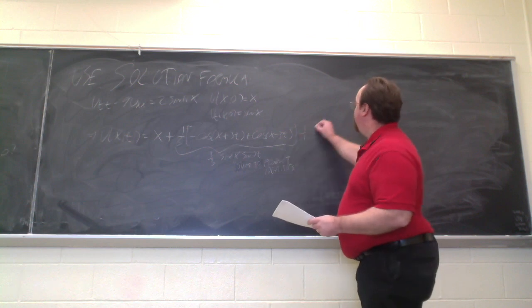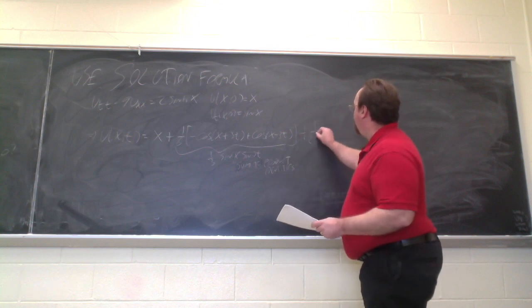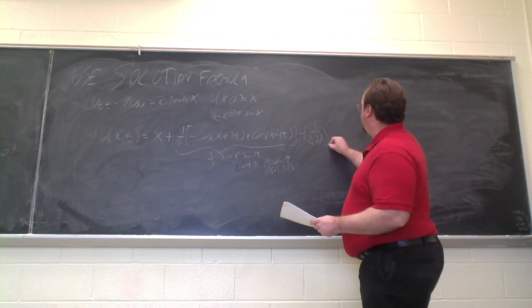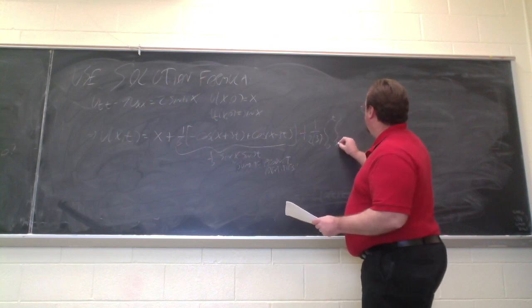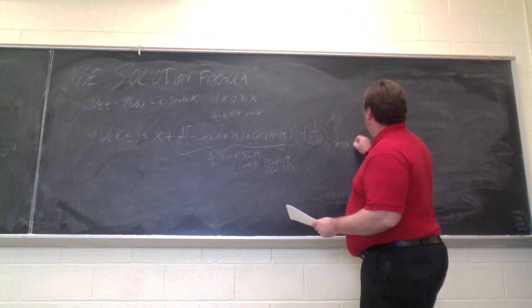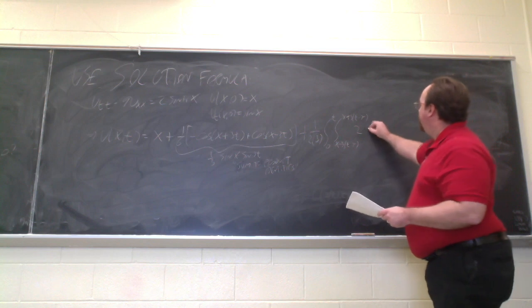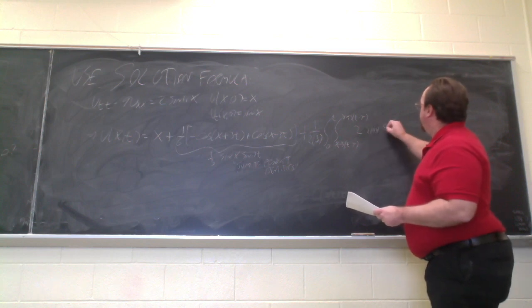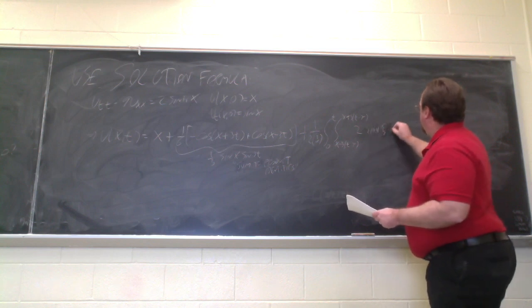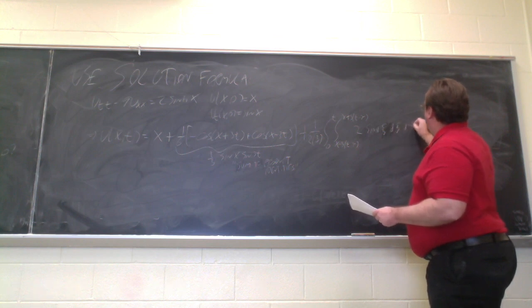Plus the integral over the characteristic triangle. So 1/2c, integral from 0 to t, integral from x minus 3(t minus tau) to x plus 3(t minus tau) of your right-hand side, 2 sinh x, d tau.